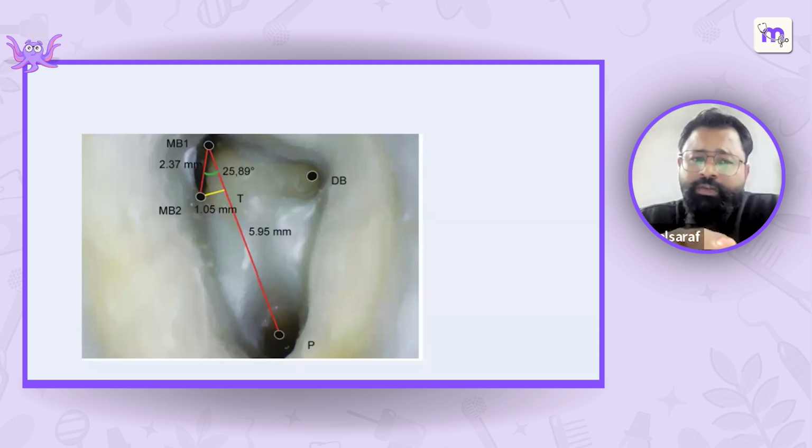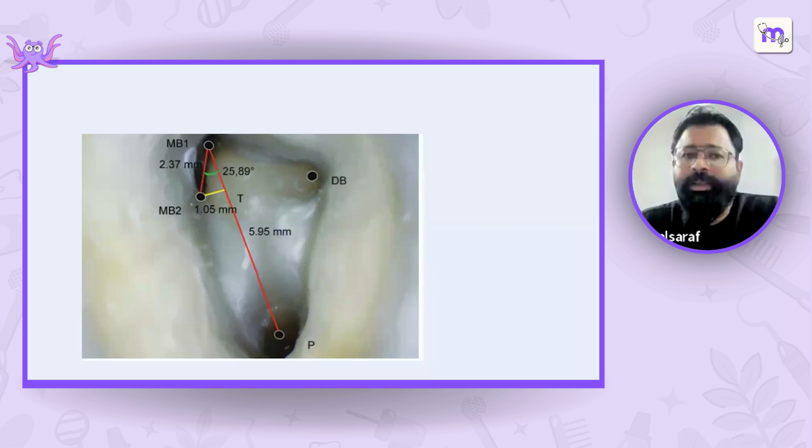Location of MB2, as you all know, you have something called the champagne bubble test. In that, near the orifice you place sodium hypochlorite. Because of the effervescent action, which dissolves organic tissues, you can negotiate MB2 properly. This is definitely under magnification.